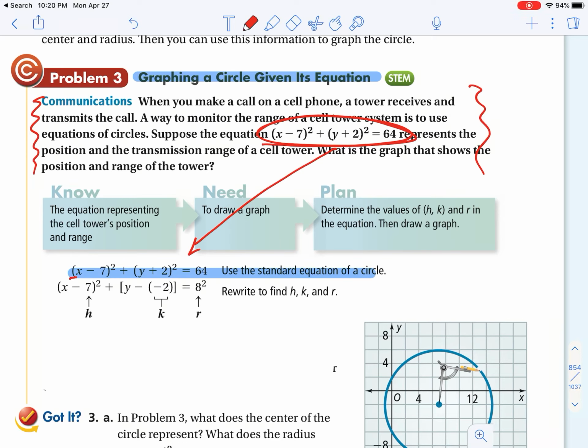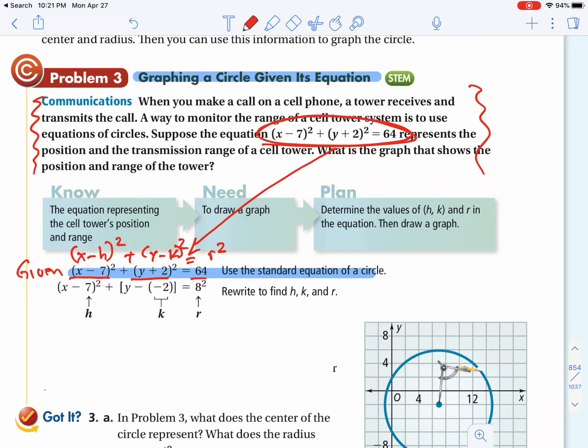So (x minus 7)², right? Again, this is our given, we're asked to graph that on the coordinate plane, (y plus 2)² equals 64. So remember how this is broken down, right? This is (x minus h)² plus (y minus k)² equals radius squared.